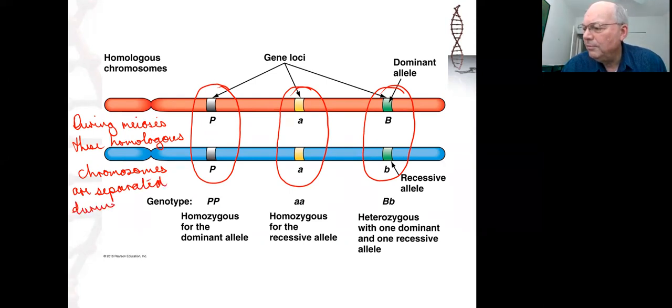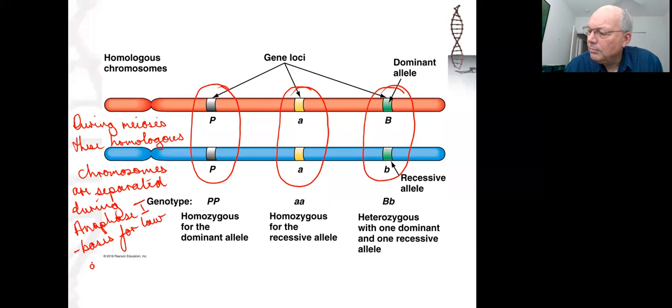This will be during anaphase. And it's going to be anaphase 1 when the homologous chromosomes are separated. So this is where the law of segregation comes from: the fact that the homologous chromosomes get separated during anaphase 1.